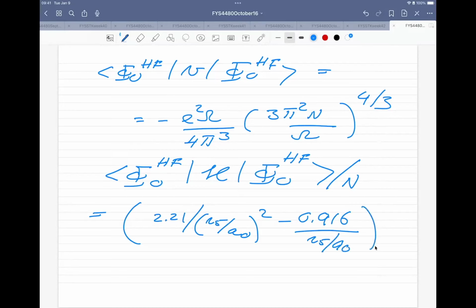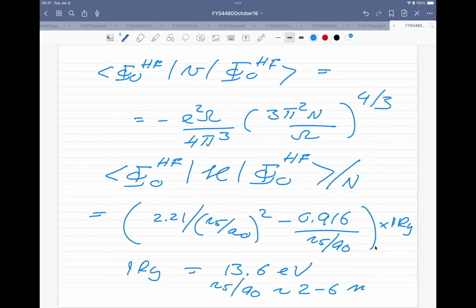And this is multiplied with 1 Rydberg. And 1 Rydberg is a standard unit which you will often encounter in atomic physics, molecular physics, and condensed matter physics. I just wanted to remind you that this ratio r_s over the Bohr radius is typically something between 2 and 6 in metals.